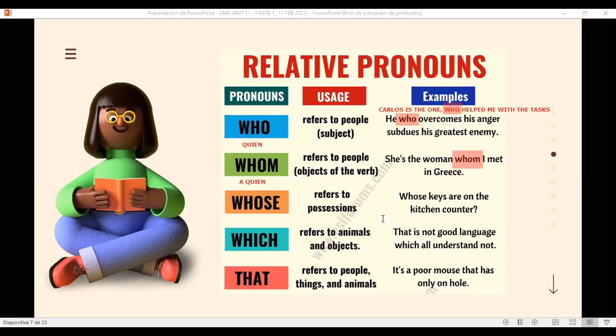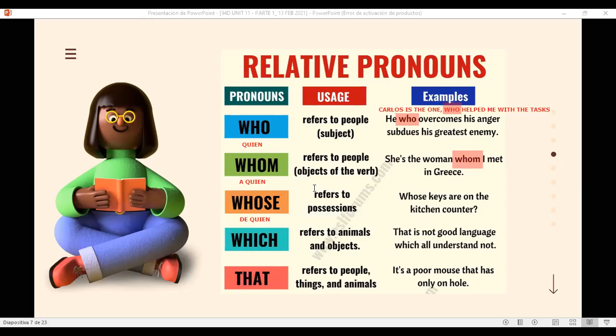Whose, aquí nos dice, refers to possessions. Se refiere a posesiones de alguien. Right? Seguimos con la misma tópica de una persona que posee algo en este caso. La diferencia, miren, es únicamente una palabra que va al inicio. ¿De quién? ¿Sí?